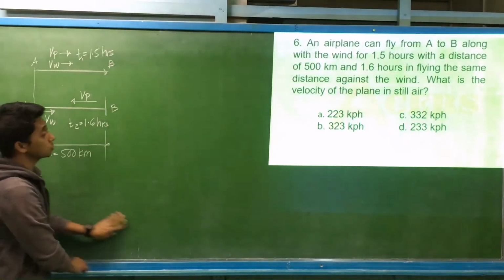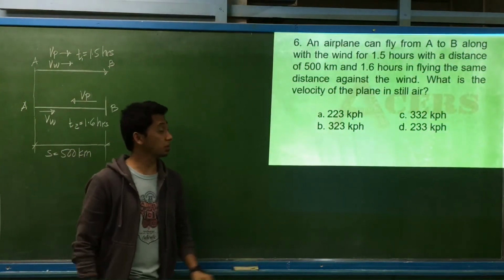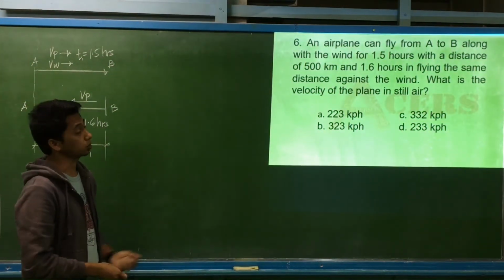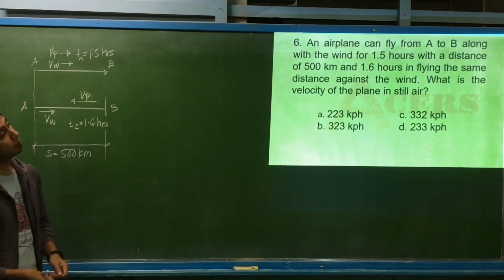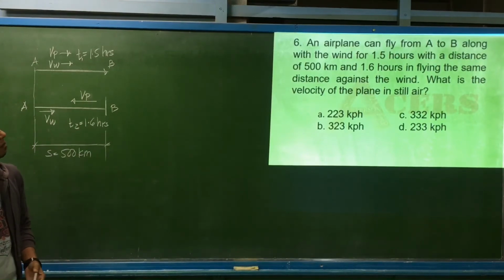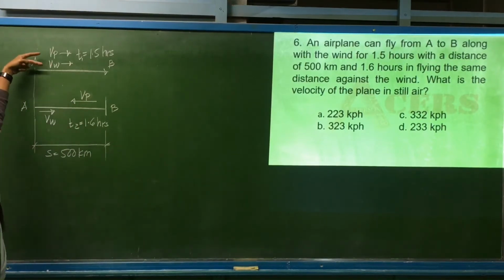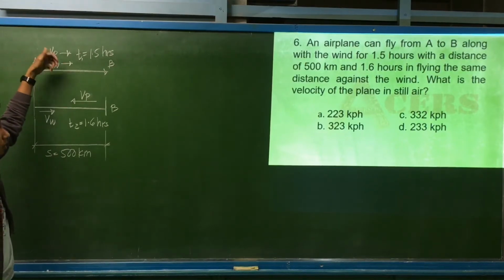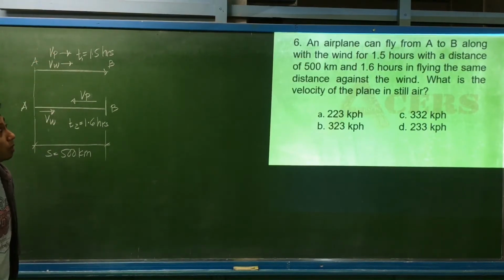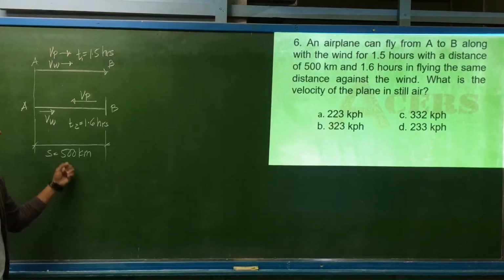Okay, our next example is also a past exam problem way back in 2010. An airplane can fly from A to B along with the wind, so the same direction for the plane and the wind, for 1.5 hours, a distance of 500 kilometers, and if it is against the wind, 1.6 hours.